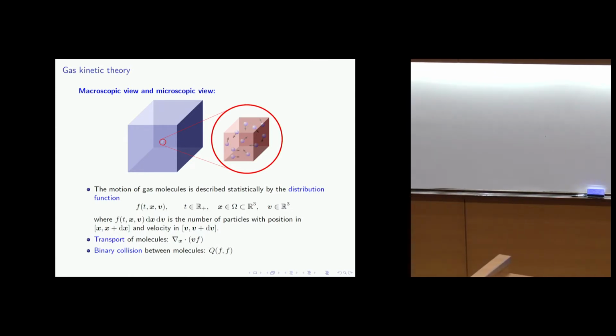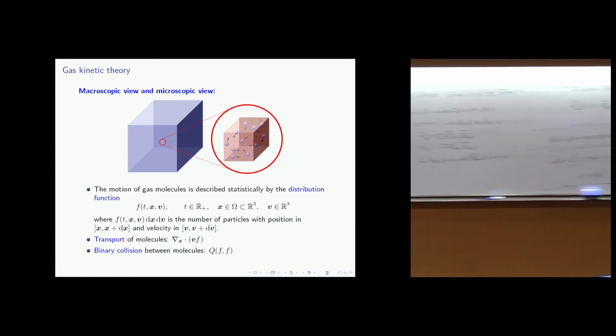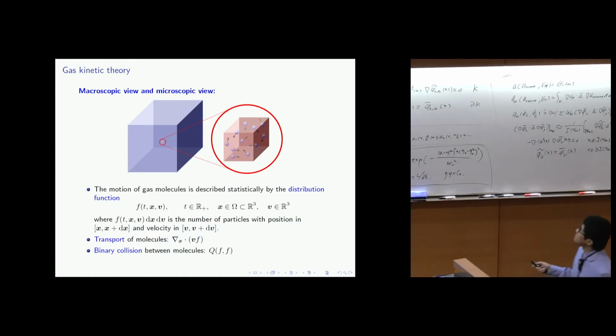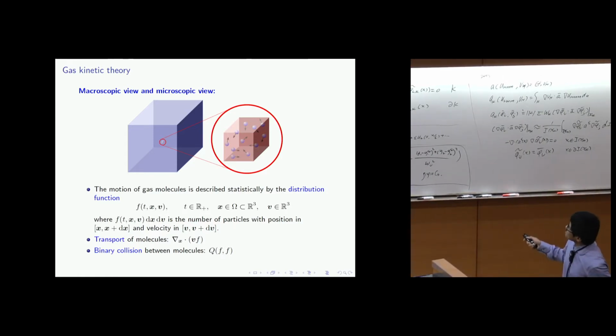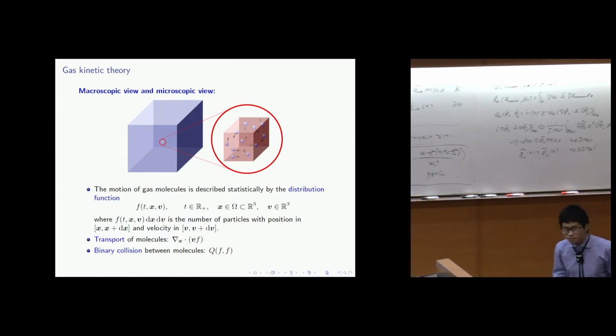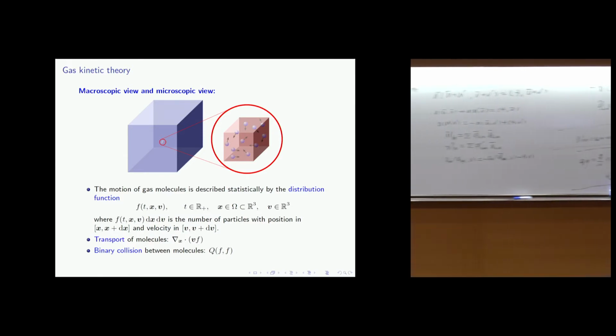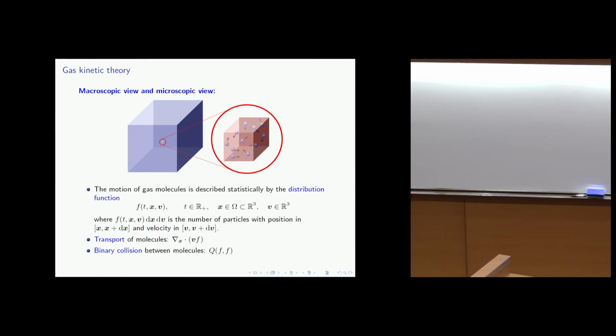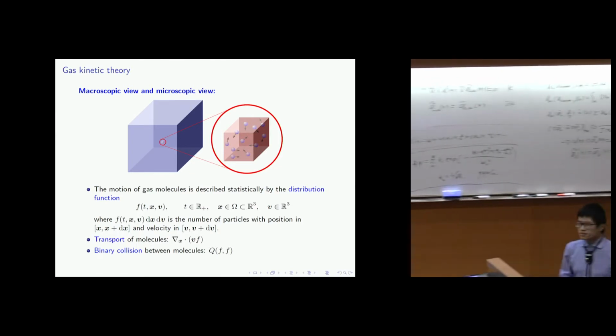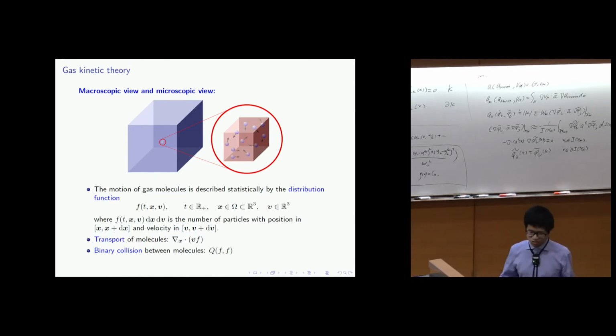And I have another thing, which is a binary collision. It means that gas molecules interact with each other. So you get this term, Q(f,f). We call this term a collision term. And here we only consider binary collision. It means that we only consider the case when two molecules collide with each other. There may be some cases in which three molecules will collide, but this is very rare.